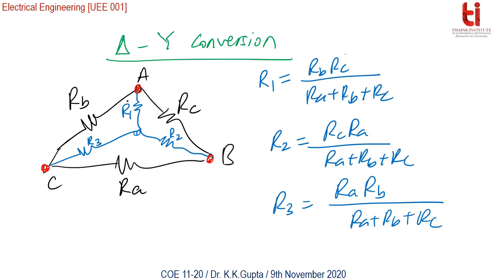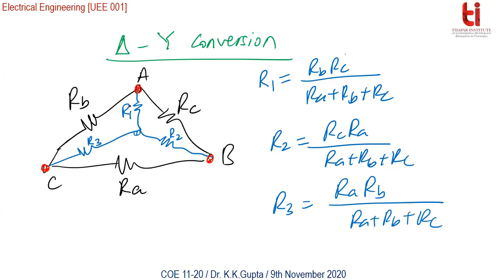Whenever you are making a delta connection, between the junctions A and B, you should place RC. Between A and C, you should place RB, and between B and C, you should place RA.